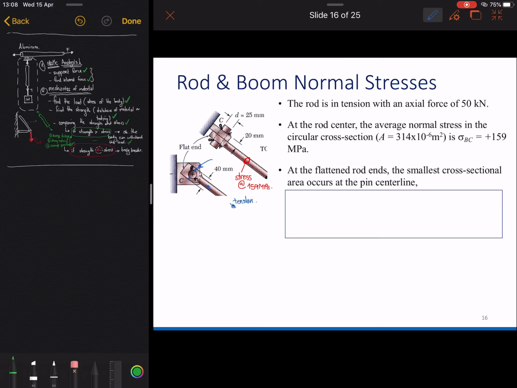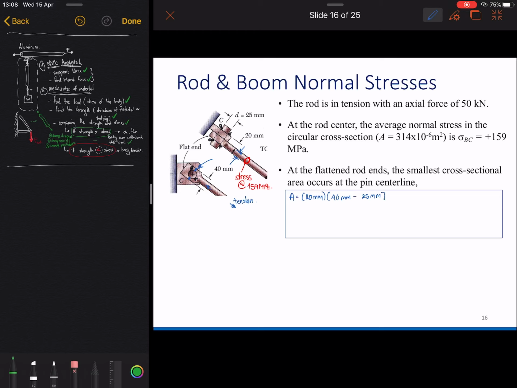And how do we find the stress? The area is equal to 20 millimeters, which is the thickness of the rod, times 40 millimeters minus 25 millimeters.